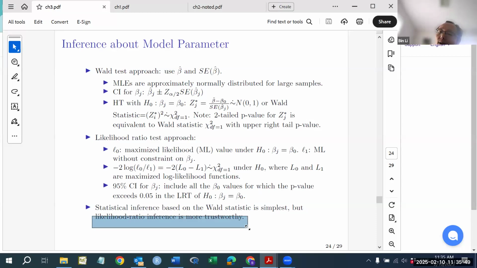That's the one people usually use. You can still use the Wald test because it is simple, but there are many debates about using Wald test results for inference because it is not as accurate as the likelihood ratio test.